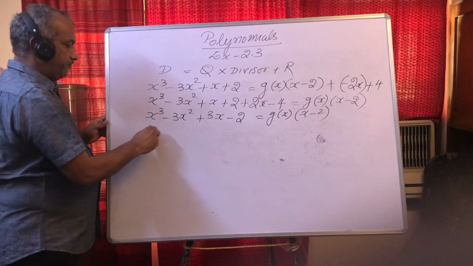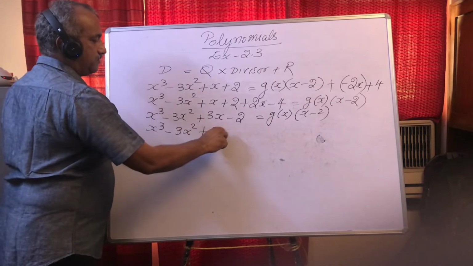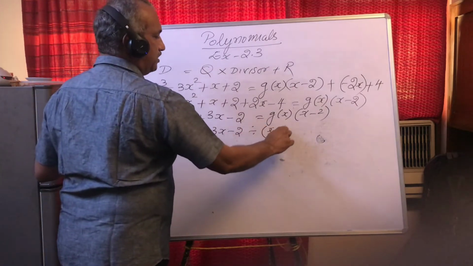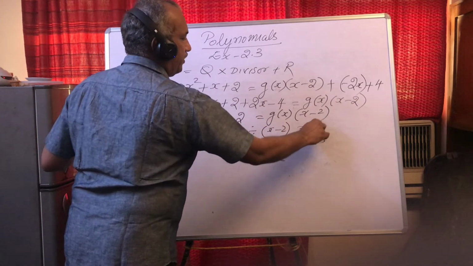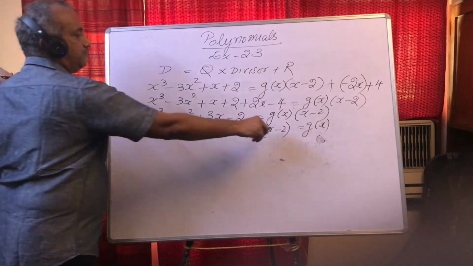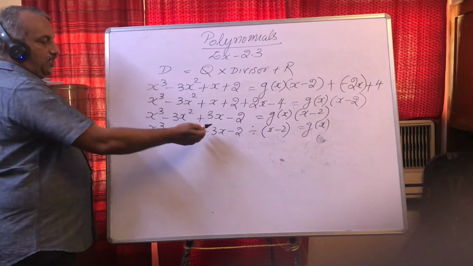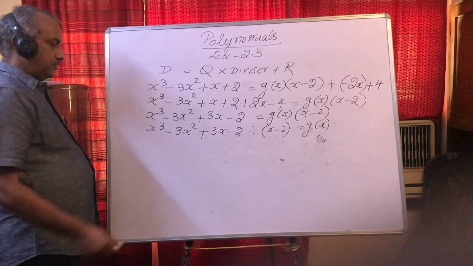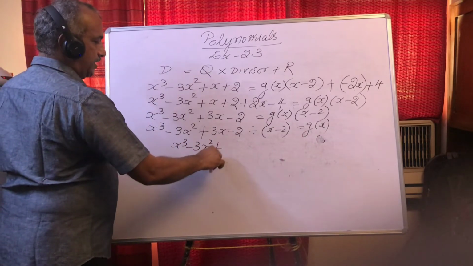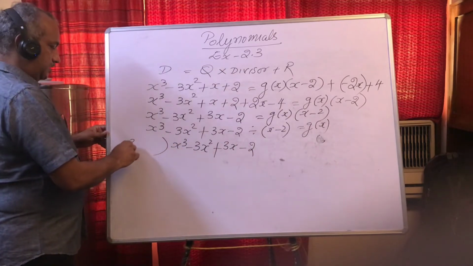So this will become x cube minus 3x square plus 3x minus 2 divided by x minus 2 is equal to g of x. So I am going to divide this polynomial by x minus 2, whatever the remainder should be 0 and whatever is the quotient, that is g of x. So x cube minus 3x square plus 3x minus 2 divided by x minus 2.